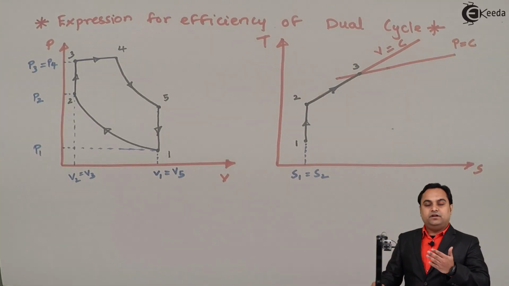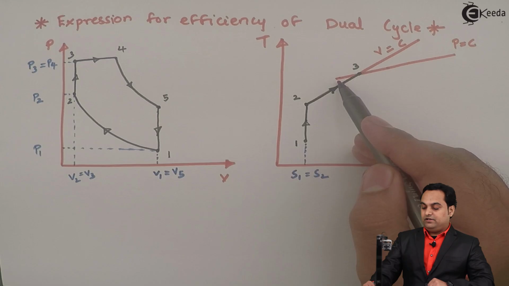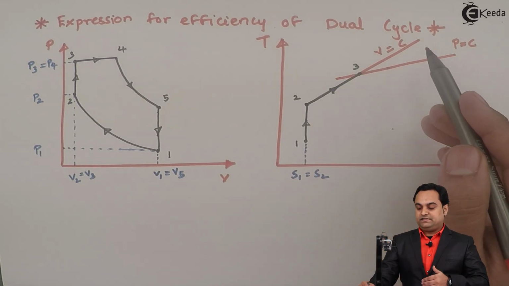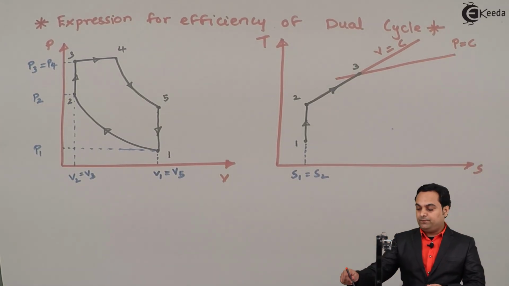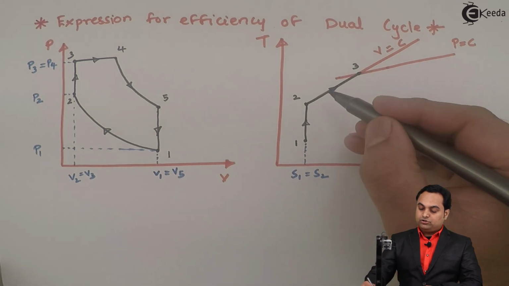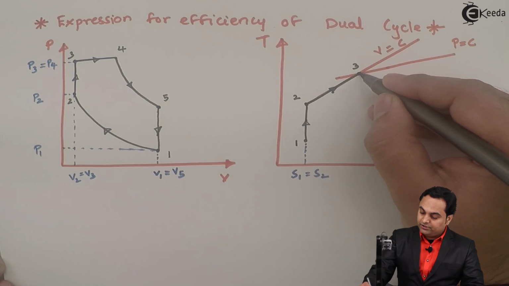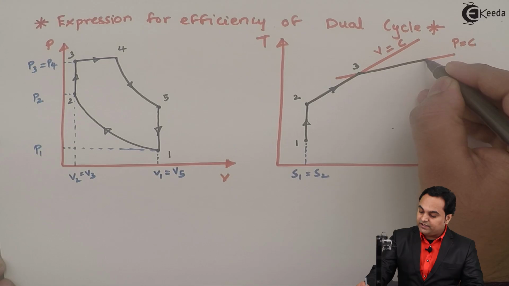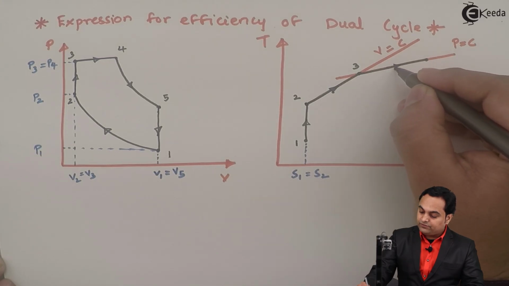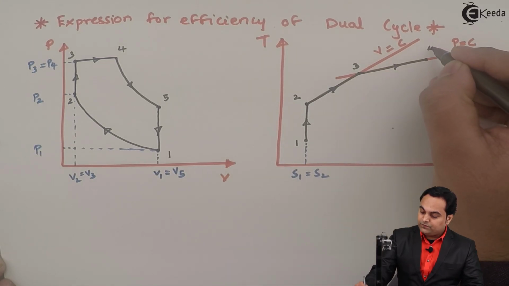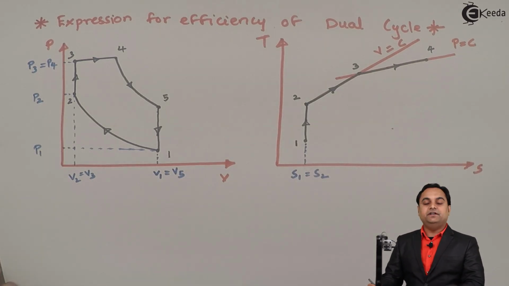As we can see, the inclination of constant pressure line is less, inclination of constant volume line is more. So now after constant volume heat addition, next heat will be added at constant pressure, that is I will move from 3 on the constant pressure line. So here process 3 to 4 is constant pressure heat addition.